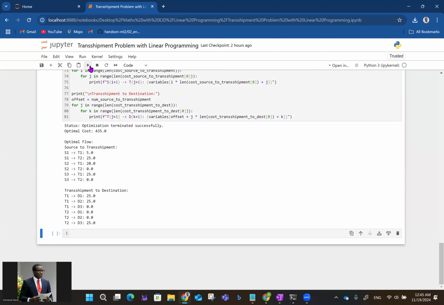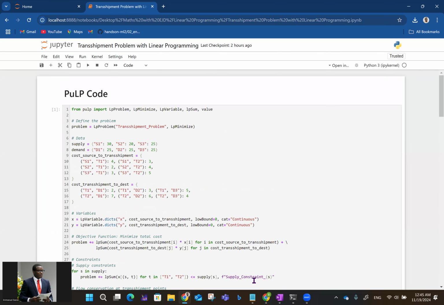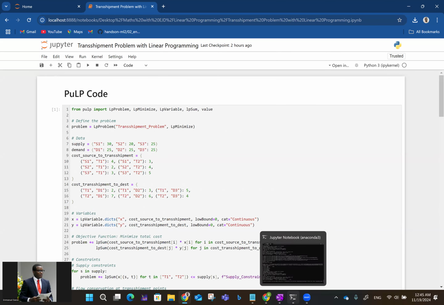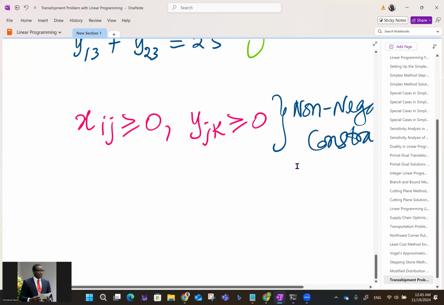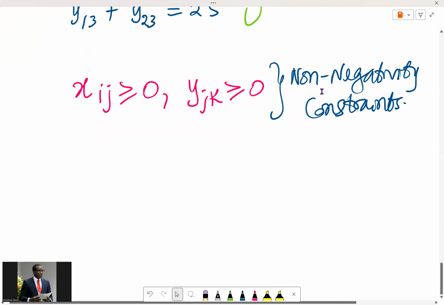X11 is 5, X12 is 25, X21 is 20, X22 is 0, X31 is 25, X32 is 0, Y11 is 25, Y12 is 25, Y13 is 0, Y21 is 0, Y22 is 0, Y23 is 25. So the two codes give us the same result. We can say with a level of confidence that the answer is correct, because two different approaches of coding are giving us the same results.